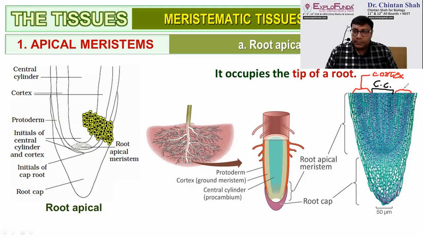Then over here there will be a protoderm. The outermost layer is known as a protoderm. Can you see that? Here it is. Let me label it with pink, green is not okay. So this is known as a protoderm. Similarly, I'm writing over here protoderm, and the same protoderm is present on either side.